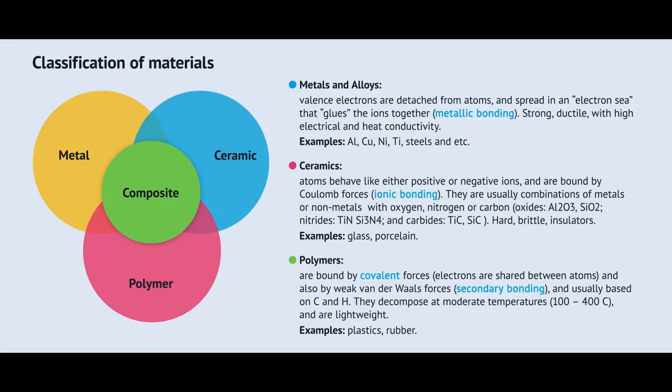The idea is very simple: materials are not black boxes. They do have different levels of structure, and different levels of structure in some sense define their properties. In particular, this classification which we discussed is based on the atomic structure of the material.